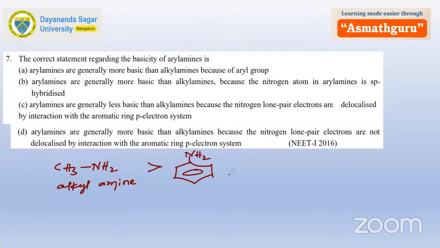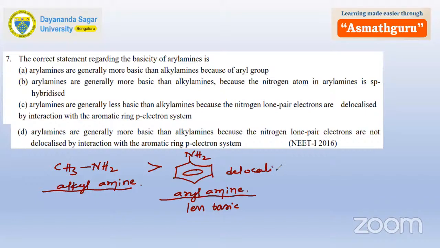And in aryl amine, it is less basic. Why? Because of the benzene ring, there is a delocalization. Delocalization means it removes the electron from the nitrogen atom. There's a delocalization of pi electron, and this delocalization will remove the electron present on the nitrogen. So electron density on nitrogen decreases. So basic nature also decreases.